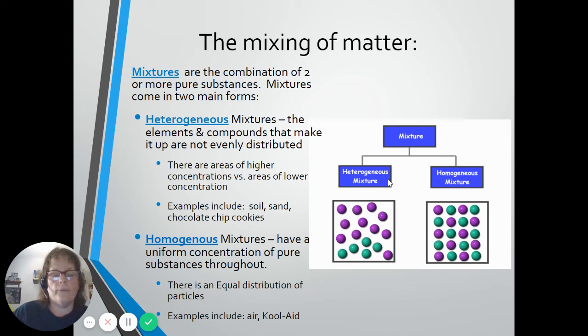For example, if you go dig in the dirt, it's not going to be perfect. It's not going to be uniform. You might find some pieces of leaves. You might find some sand. You might find some clay. You might find some rock. So there's a mixture of stuff, but it's not going to be all uniform. You're not going to have equal amounts of sand, equal amounts of rocks, equal amounts of leaves.